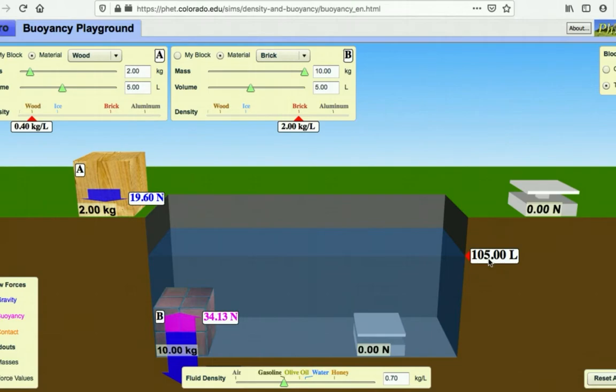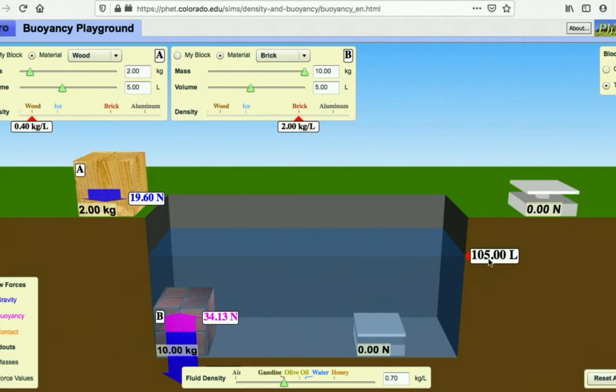Gasoline is less dense, so it has less mass in a given volume. So 5 liters of gasoline weighs less than 5 liters of water. And since the buoyancy force is equal to the weight of the fluid that's displaced, the buoyancy force is going to be less.